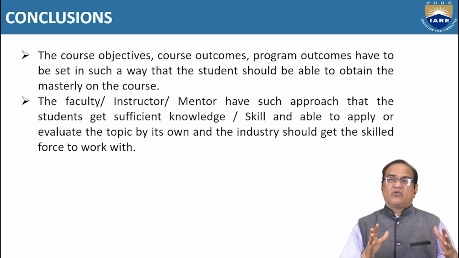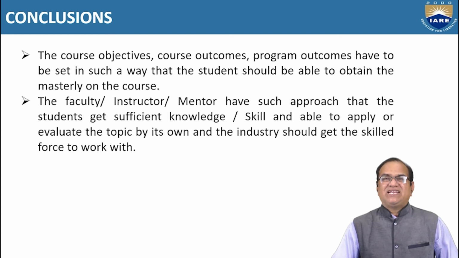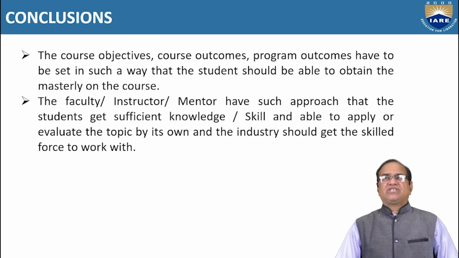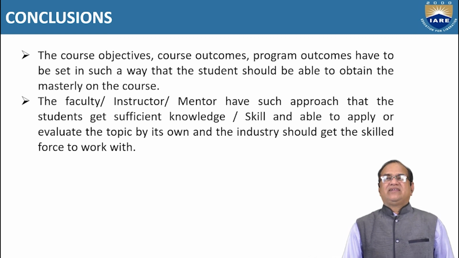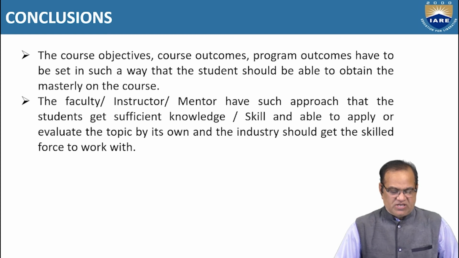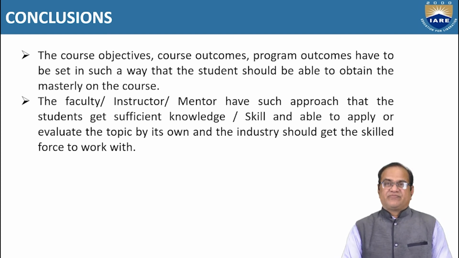Try to make your course such that students understand all the things. The faculty, instructor, and mentor should have such an approach that the student gets sufficient knowledge and skill, and is able to apply and evaluate the topic on their own, and the industry should get a skilled workforce from the college.